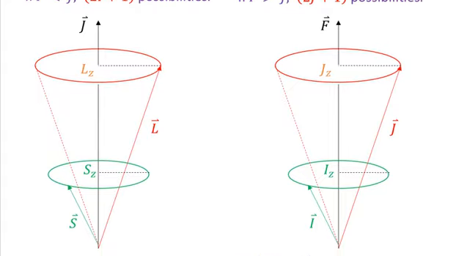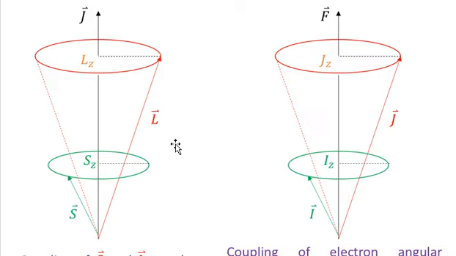The S vector carries out a precessional motion about the vector J, the total angular momentum of the electrons, and similarly L carries out a precessional motion about J. The precession of S is indicated by the green loop, and the precession of L about J is indicated by the red loop, and their z components are also shown.